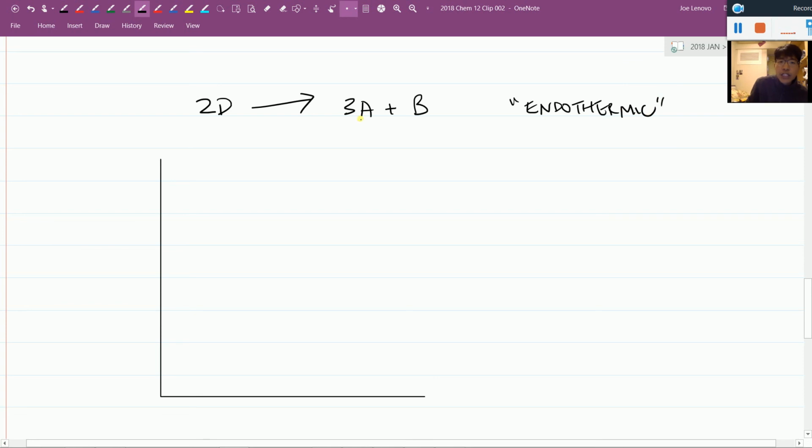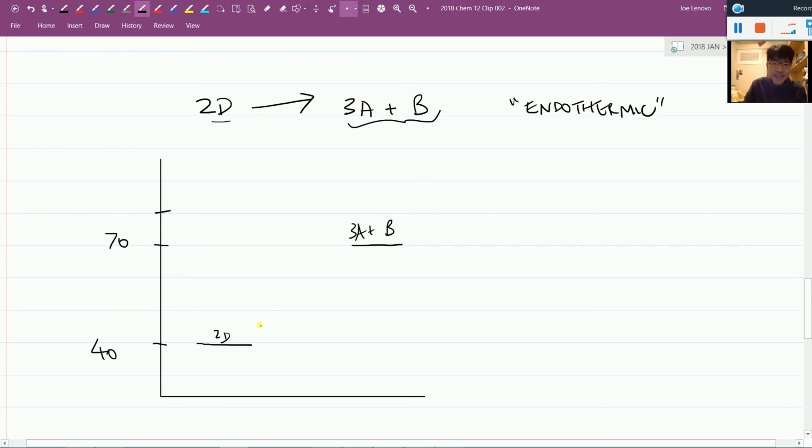As you know, the energy content for 2D is down there, 40, 50, 60, 70. 70 at the top is your A and B, as A and B is more complex.